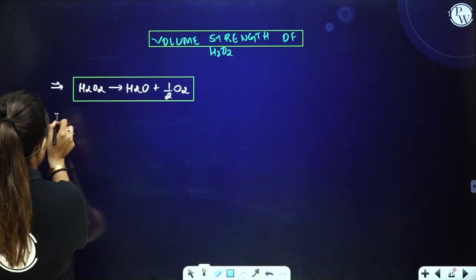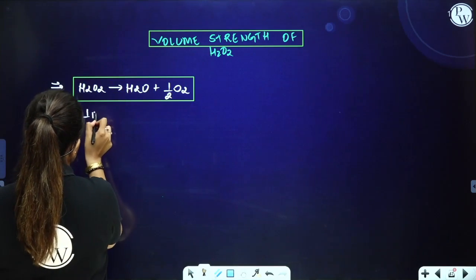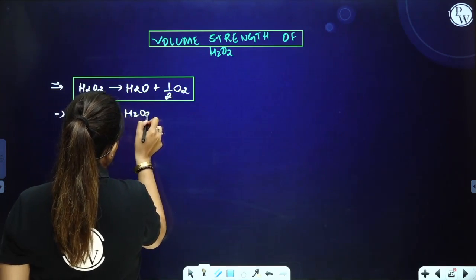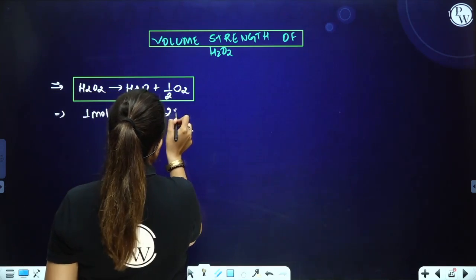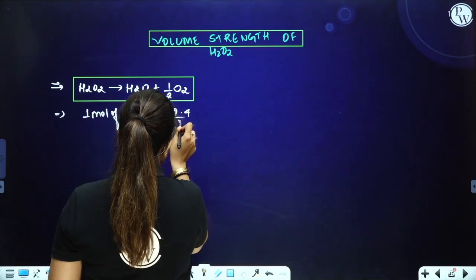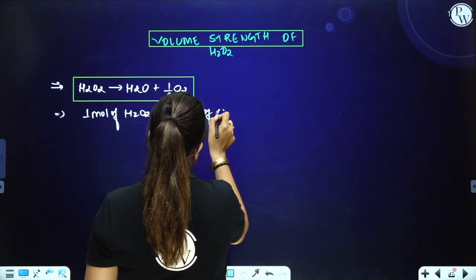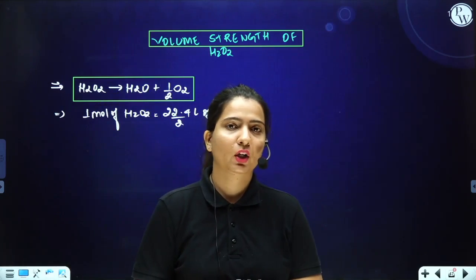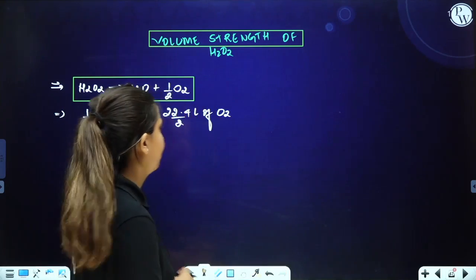Now understand very nicely that 1 mole of H2O2 is going to give you 22.4 divided by 2 liter of O2, right?